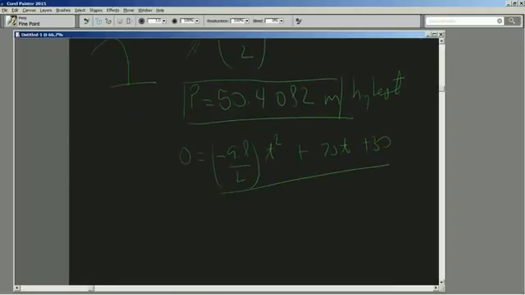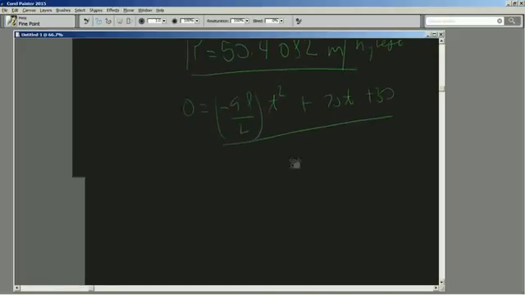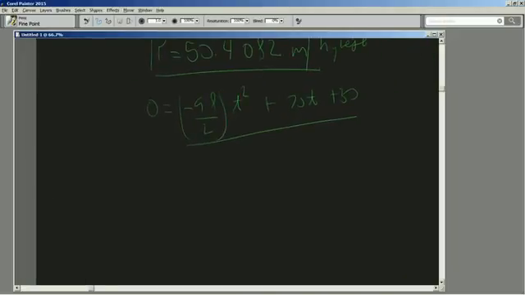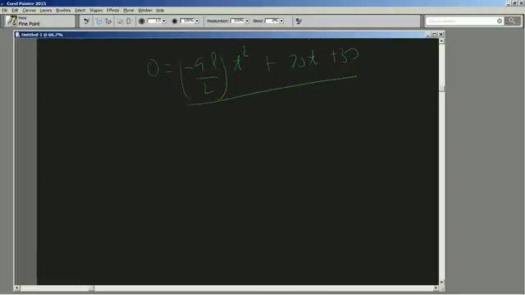Okay, so this is a quadratic equation, so what we do is use the quadratic formula: negative b plus or minus square root of b squared minus 4ac, all over 2a.